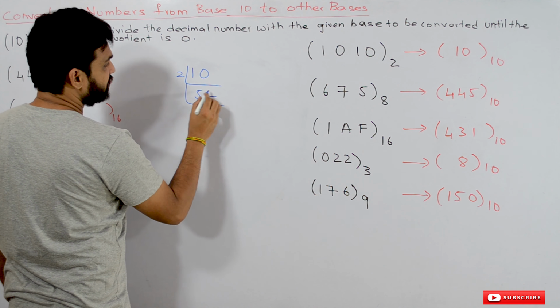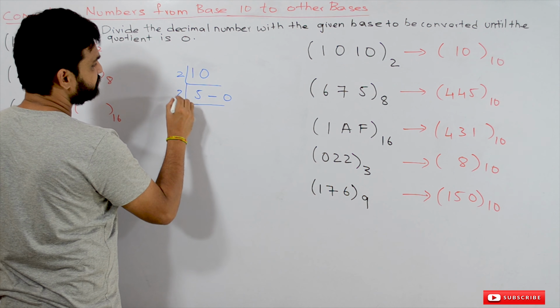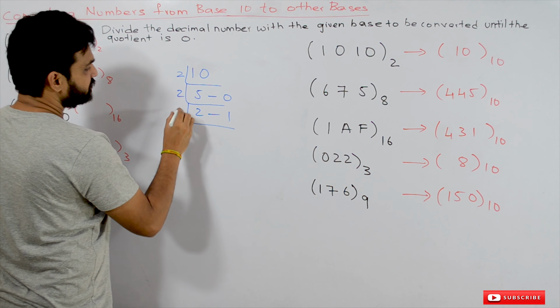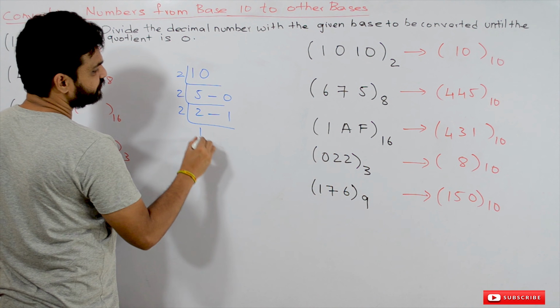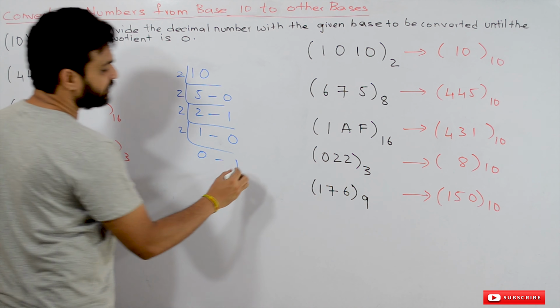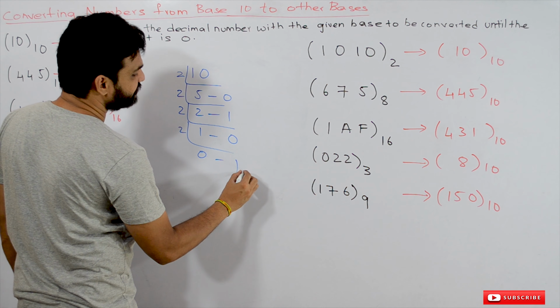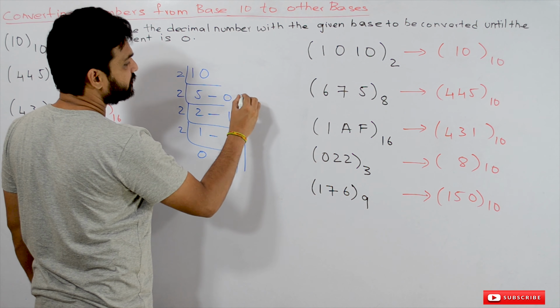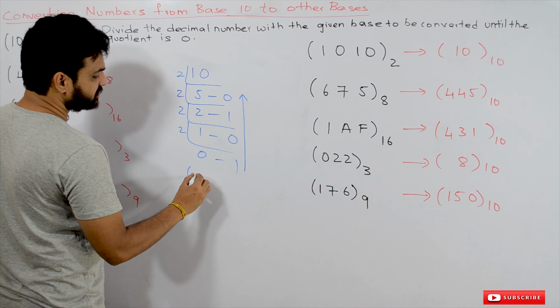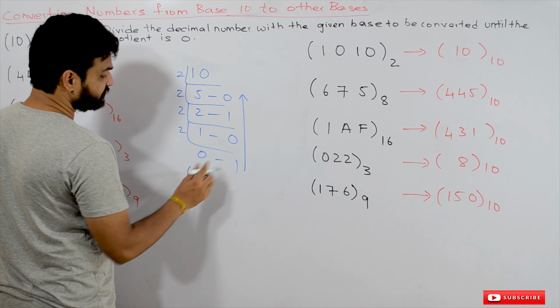So 10 divided by 2 is 5, remainder 0. Similarly 5 divided by 2 is 2, remainder 1. 2 divided by 2 is 1, remainder 0. And 1 divided by 2 is 0, remainder 1. Now we have to take the remainder values from bottom to top, and the corresponding conversion will be obtained.